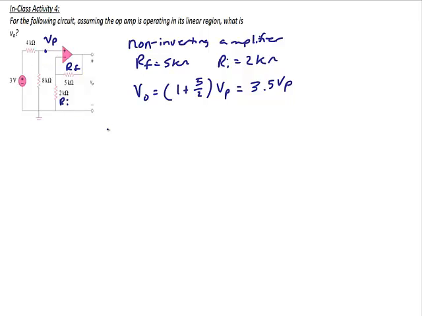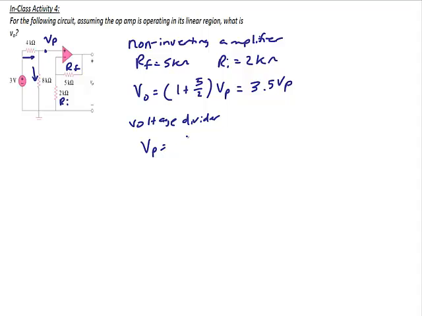How can I find VP? Well, if I look here, because of my infinite input impedance condition, there's no current flowing into the positive terminal of the op amp, which means the current that comes from the 3-volt source goes down through the 8K resistor. So this looks like the 4K and 8K resistors are in series. So to find VP, I can actually do the voltage divider.